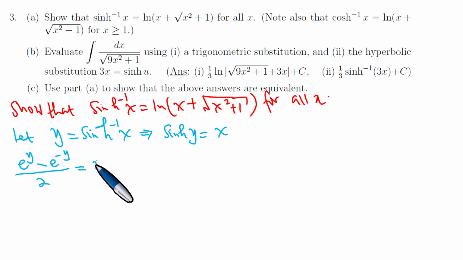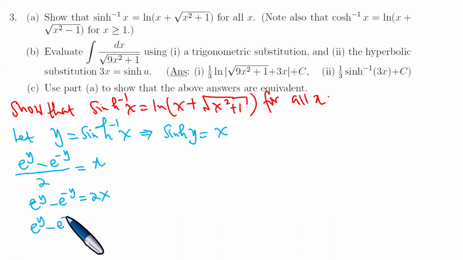Divided by 2 equals x, which is e to the y minus e to the minus y equals 2x. Multiply both left and right by e to the y.